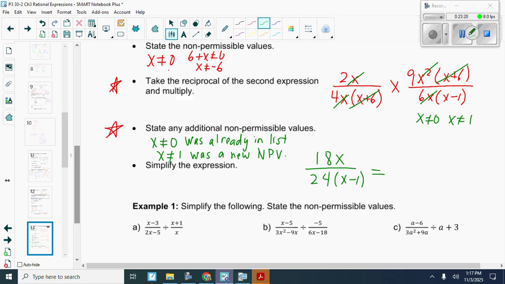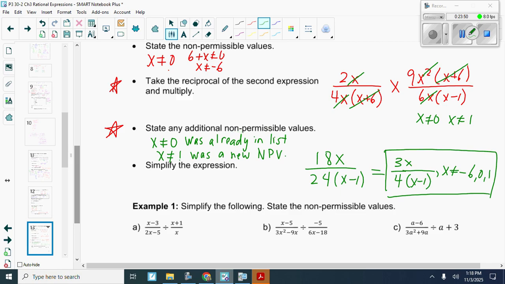So this becomes 3x over 4 times x minus 1, x cannot equal... and then go back to your list. It cannot equal 0, it cannot equal -6, and +1. I'm just going to put them in order. So there you have it.